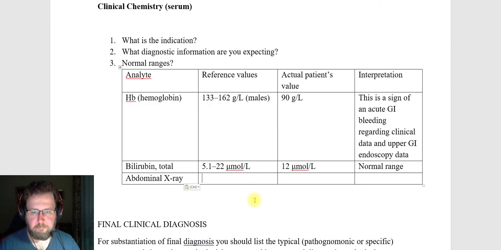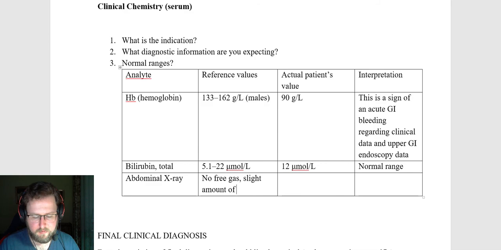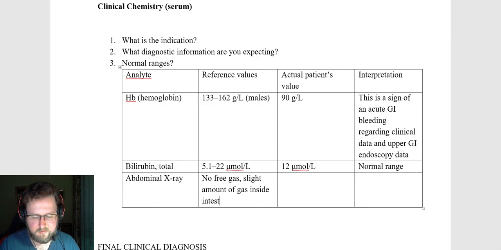For example, no free gas, slight amount of gas inside intestines, and in the actual patient's value field, you'll have to write something which is pathological.